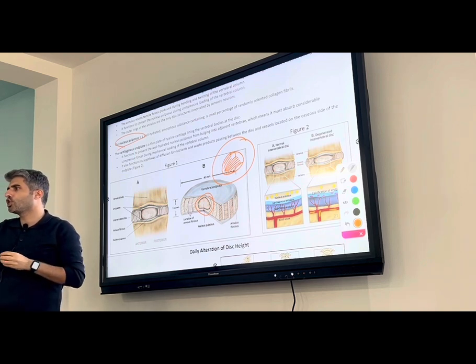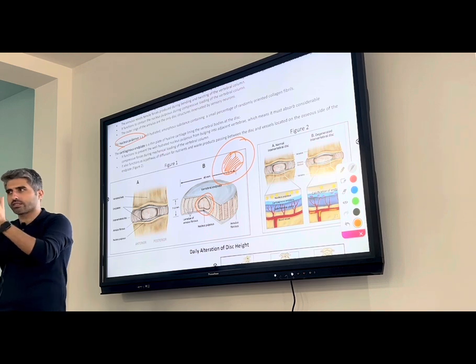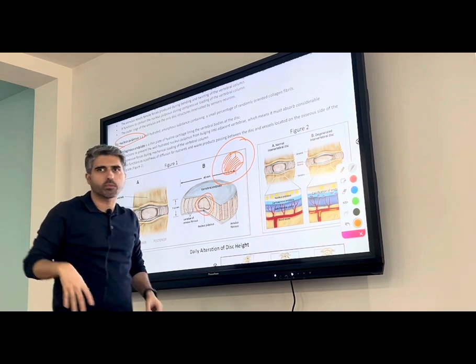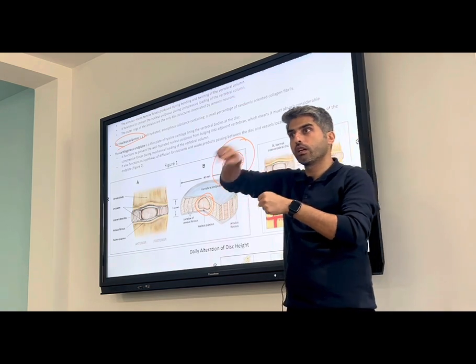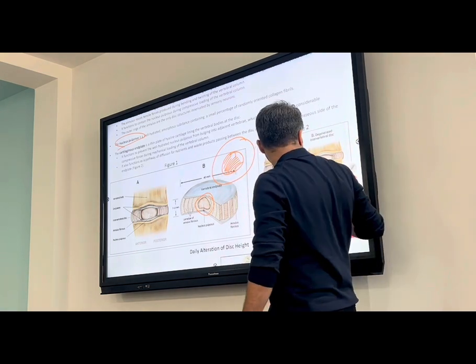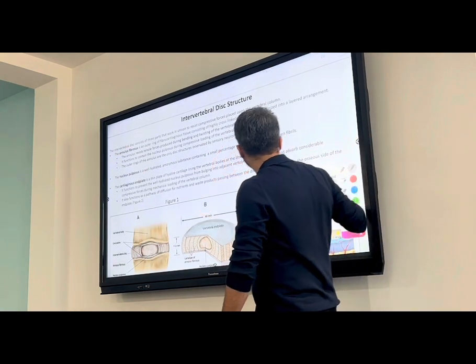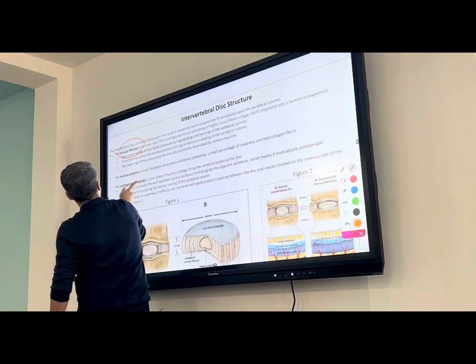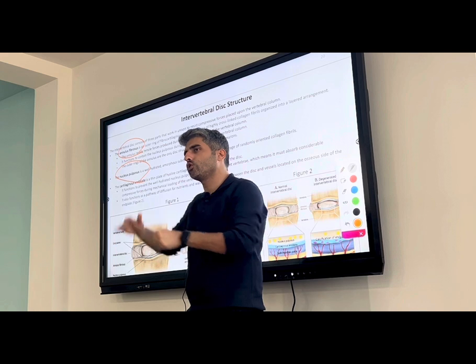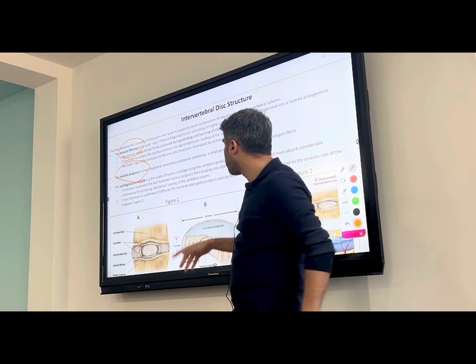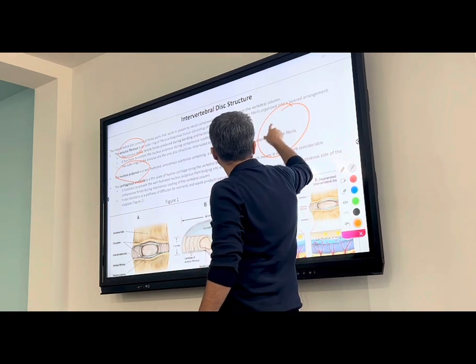It is like a jelly, water and a little, yes, jelly. Nucleus pulposus. Around that we have fibers, the annulus fibrosus. So one cartilaginous disc, the intervertebral disc, has two parts.